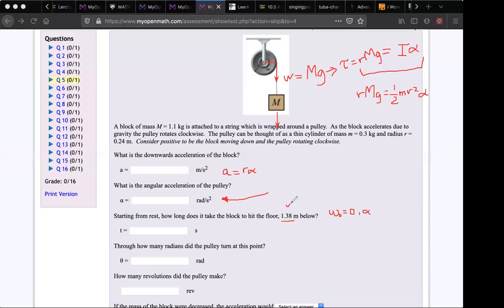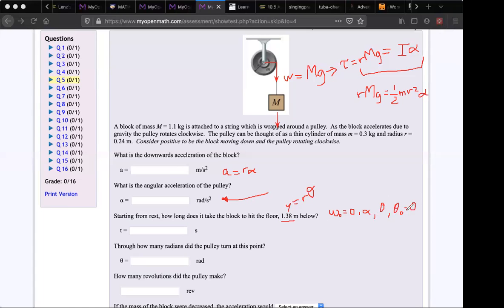If you wanted to call this Y, the distance that the rope comes out in the Y direction, that's going to also be equal to R times theta. So you know you can calculate theta. And with these three things, you know your final theta, you know your initial theta equals 0. Start at 0 and go off to some angle theta.